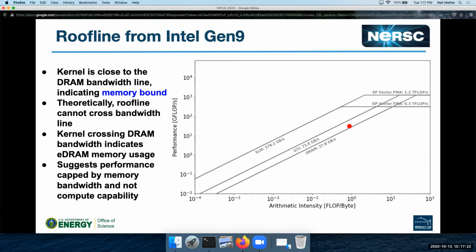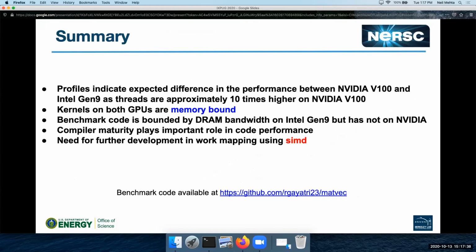And also notice that the difference between V100 and the Intel Gen9 is that even if you were to improve the kernel on V100, you could make it faster by optimizing, whereas here the performance is severely capped by the DRAM line. And just to summarize, the profiles indicate that the expected differences in performance between the machines are approximately 10 times, as expected because of the difference in the resources.